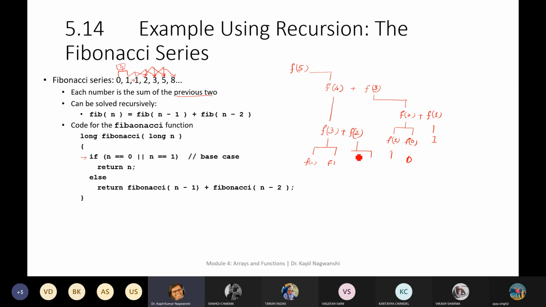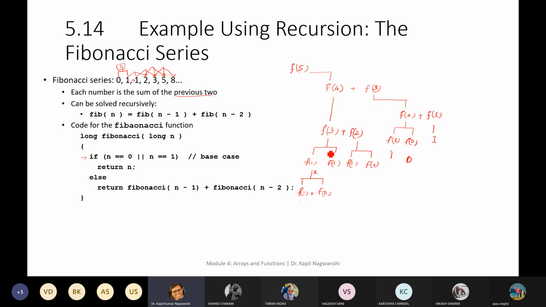This function will be broken into F1 and F0. Again broken into F1 and F0. And likewise, this function will run. So when I call this function, this will return 1 and 0. So this will return 1.